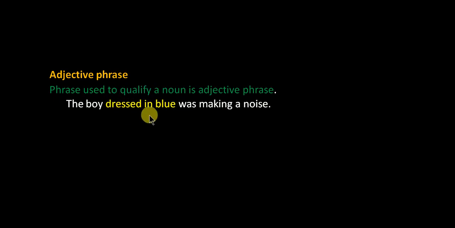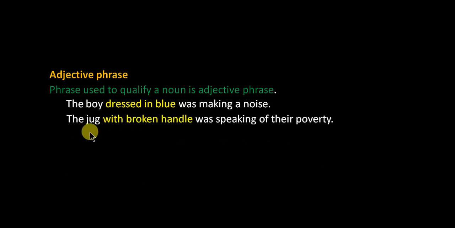Dressed in blue is qualifying the boy, that is the noun. So dressed in blue is an adjective, and you see that this is a group of words. A group of words is called a phrase. So it works here as an adjective, so we'll say adjective phrase. Understand? The boy dressed in blue was making a noise.